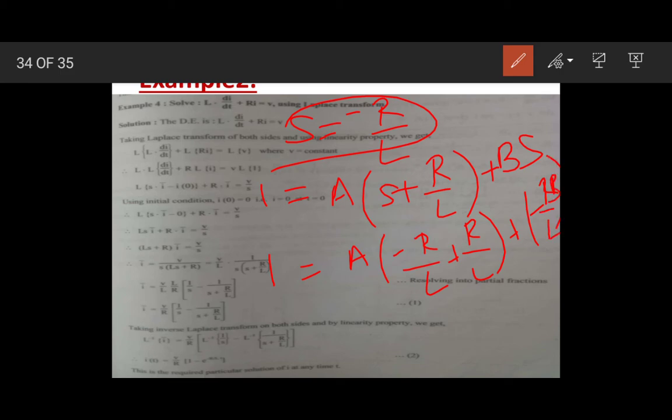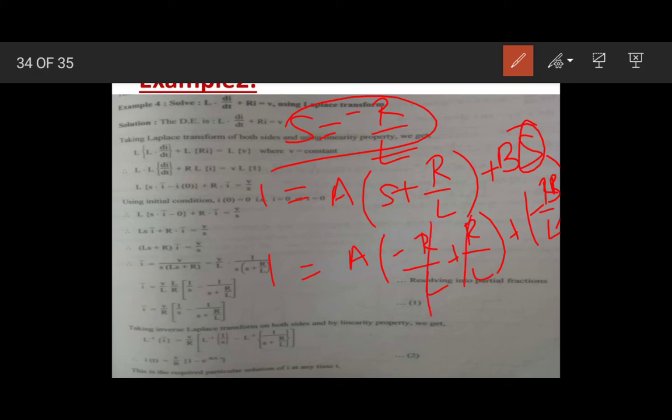Now I am going to find B. So to find the B, I have to substitute S as minus R upon L. So I put in this equation, 1 is equal to A into S plus R upon L, then plus B into S. In that I put S as minus R upon L. So 1 is equal to A into minus R upon L plus R upon L plus minus R upon L B. In place of S I am substituting this, so this will be cancelled out.